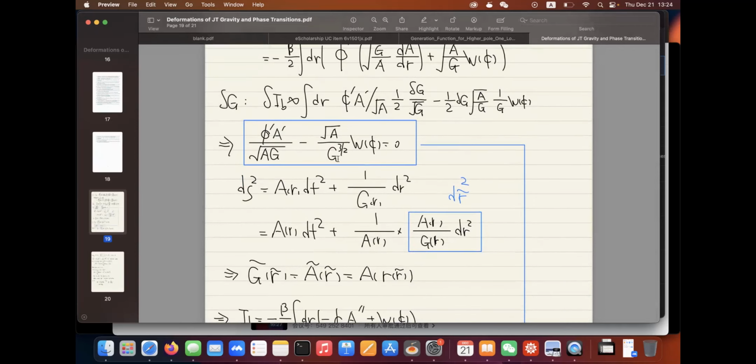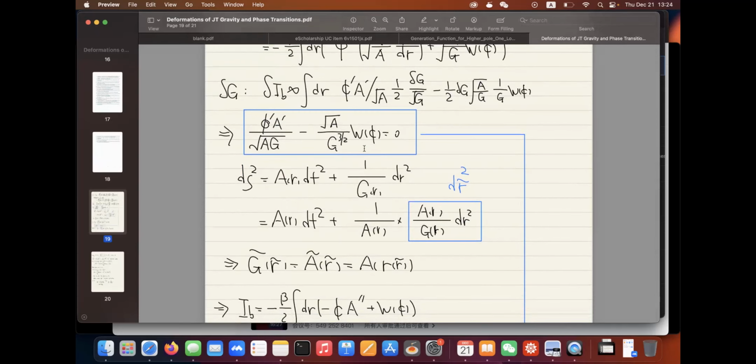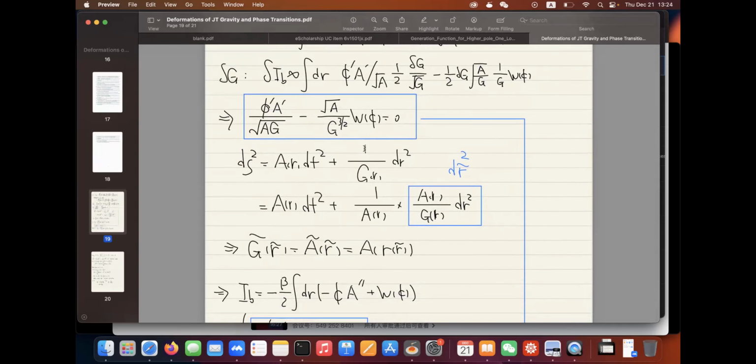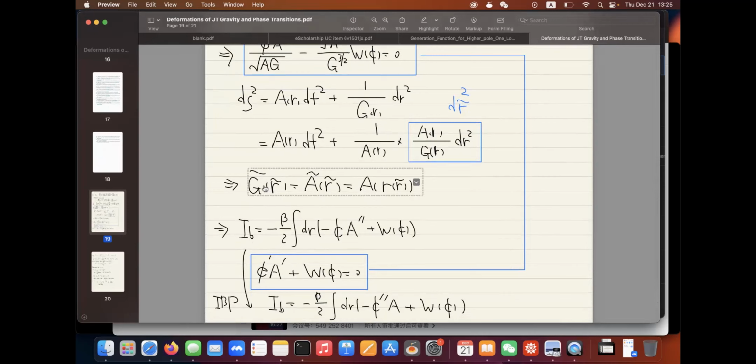Then you can simplify it by reparametrization symmetry. Notice that the metric can be written like this. You can just define this one as d r tilde squared. So r is a function of r tilde. So here we can just write the new g tilde is the same as a.